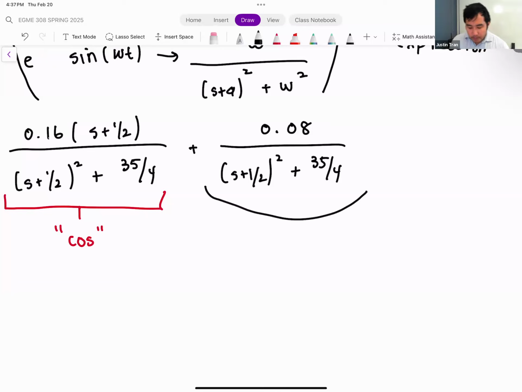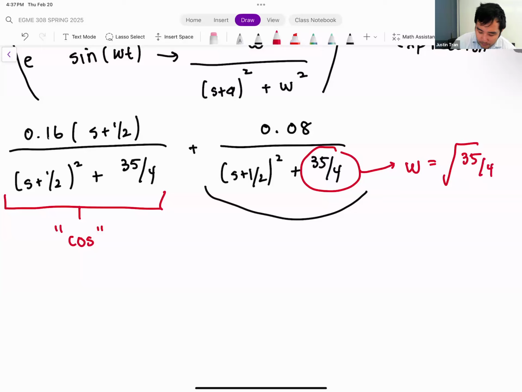All right. And so just like we did last time, we need to change this so that we have omega in the numerator. Based on our denominator here, the term that we need to get in the numerator is square root 35/4, because that 35/4 there represents omega squared. So we need to get this in the numerator so we can take the inverse with respect to sine.